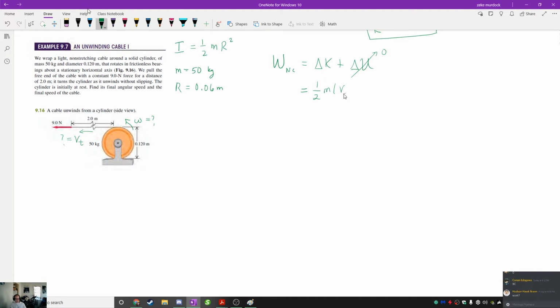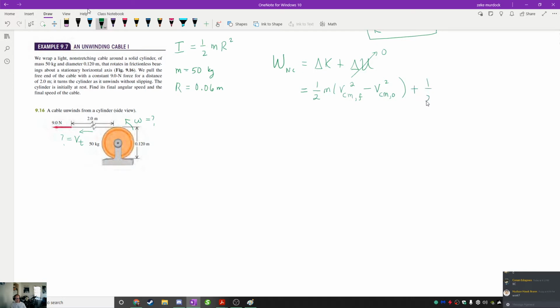For the translational kinetic energy, what we care about is the final velocity of the center of mass of the object and the initial velocity of the center of mass of the object. It's a lot of subscripts, but this means velocity of center of mass final, velocity of center of mass initial.